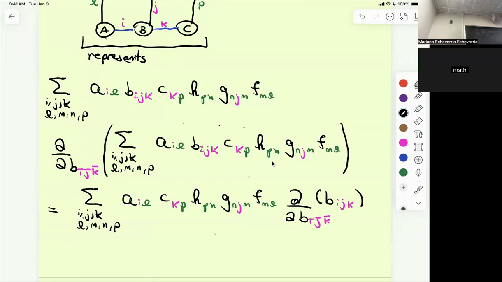The better comparison here is if in Calc 3, instead of calling the variables x, y, and z, you call them x1, x2, and x3.